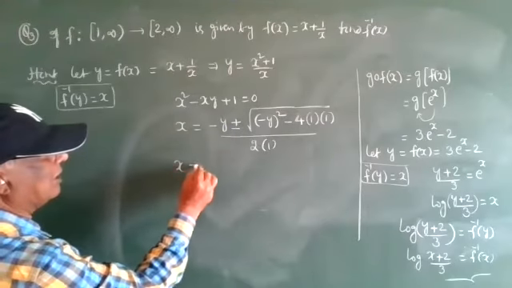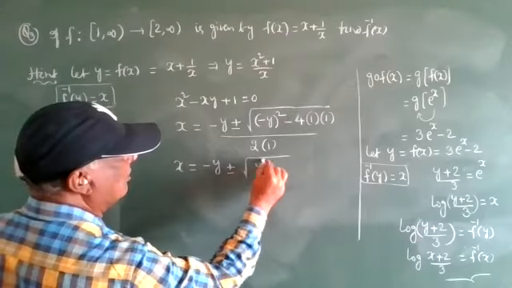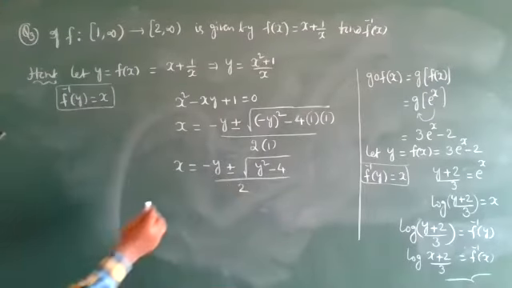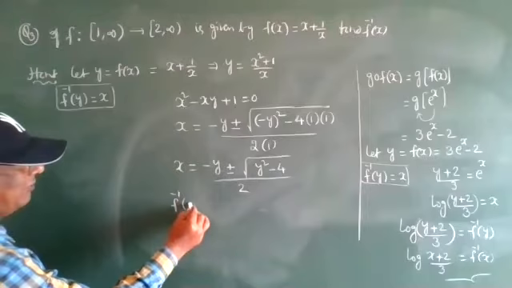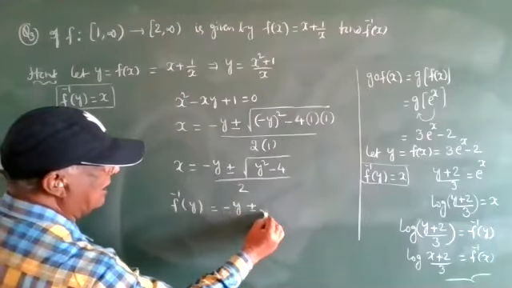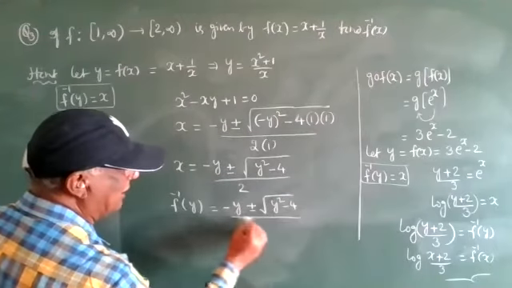So x is equal to minus y plus or minus root of y square minus 4 by 2. Okay? Write down, f inverse of y is equal to minus y plus or minus root over y square minus 4 by 2.